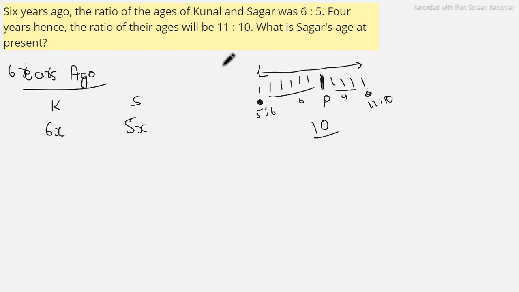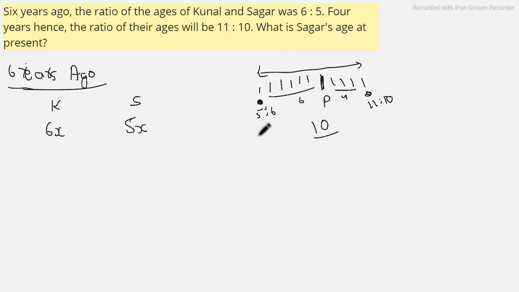So here our equation will be, 4 years hence means we are taking total 10-year gap, because this ratio is given for 6 years ago, not the present age. We have to calculate according to the present age, but it is given 6 years ago.